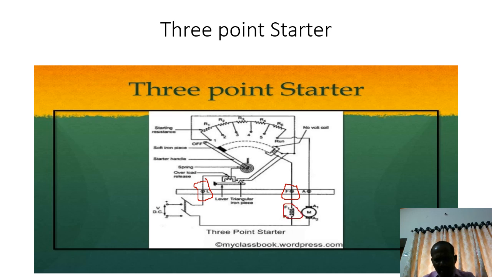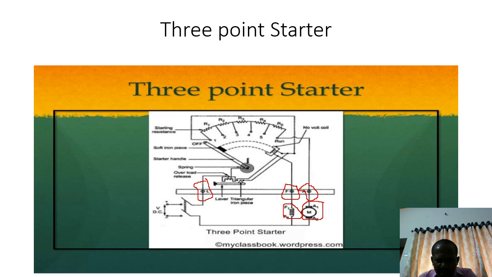This is the armature winding, so A is connected to the armature winding, A1 and A2. So there are 3 terminals: line, L, the positive terminal; F, the field, connected to the field winding; and A, the armature, connected to the armature of the DC motor.